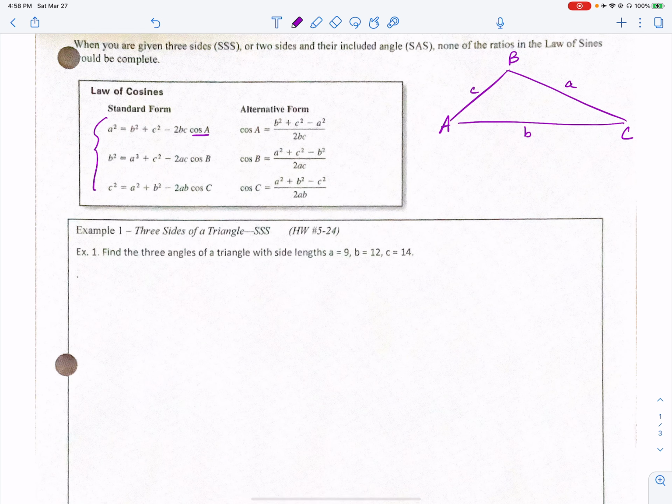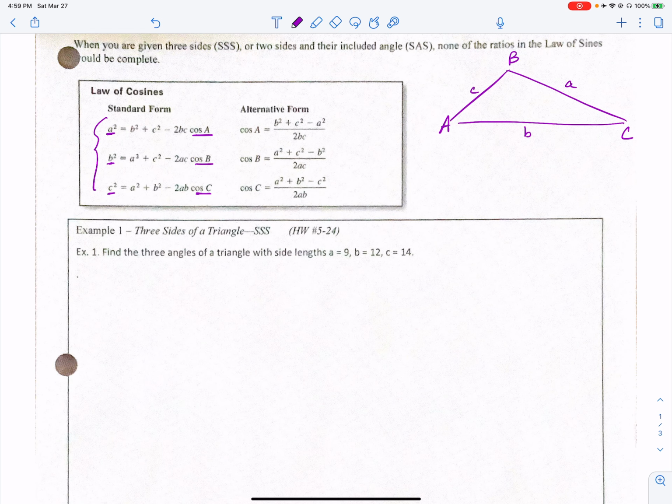And so over here we have cosine of A, then it is the side opposite angle A that's being squared. Here we have cosine of B, so it is the side opposite angle B that's being squared over here. And here we have cosine of C, so it is the side opposite angle C that's being squared there.